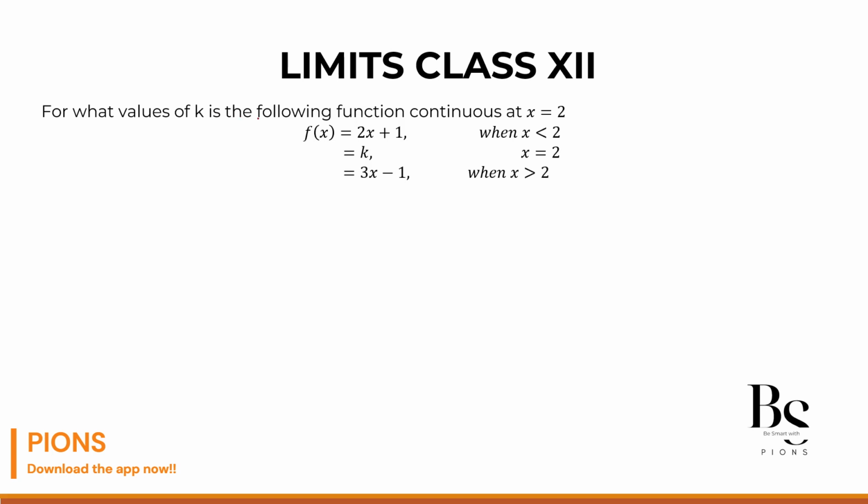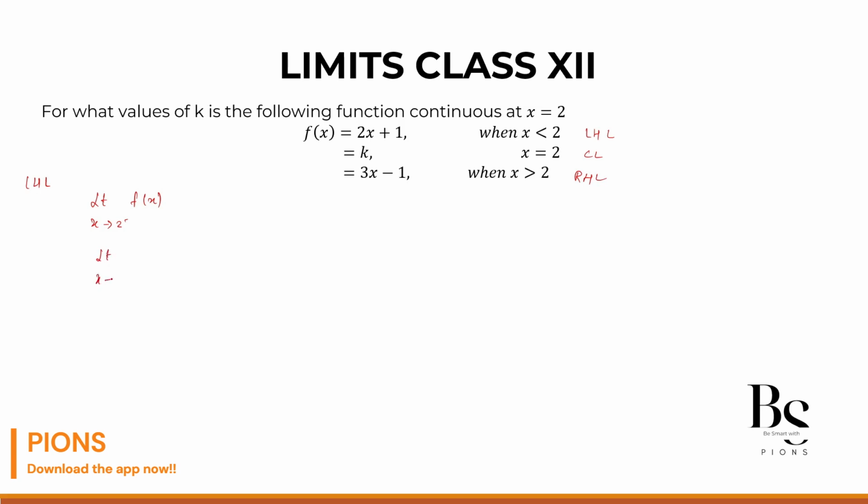Our next question says, for what values of k is the following function continuous at x equal to 2? So this is our left hand limit for 2. This is our central limit for 2, and this is our right hand limit for 2. Correct? So first of all, limit x tending to 2 negative f of x. So I am doing for LHL.